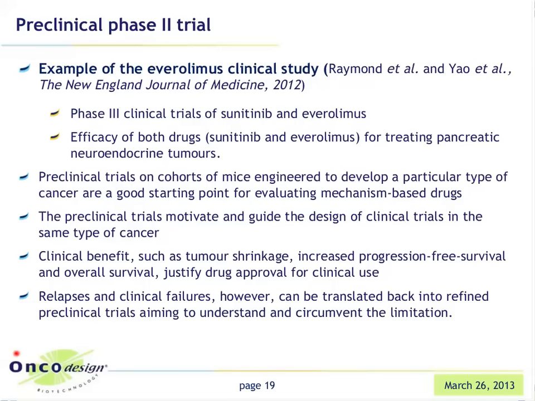And the relapse and clinical failure can be, again, studied in preclinical trials. This is the first cartoon that we showed. When we identify new clinical needs, we can generate new models and understand the limitation of the first trial.